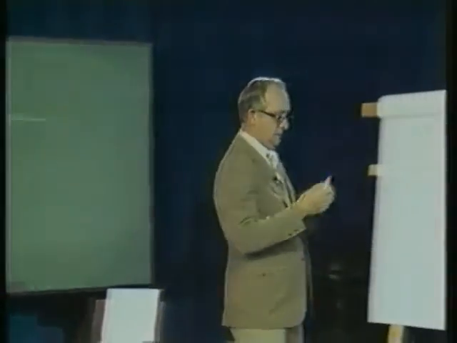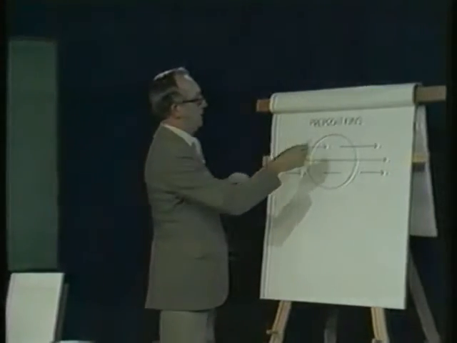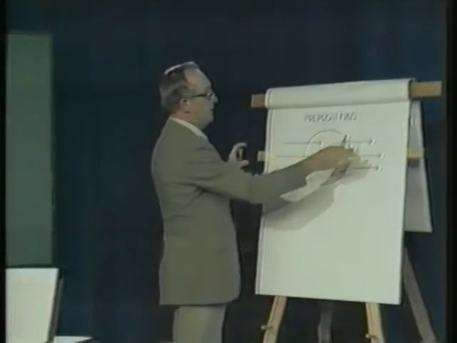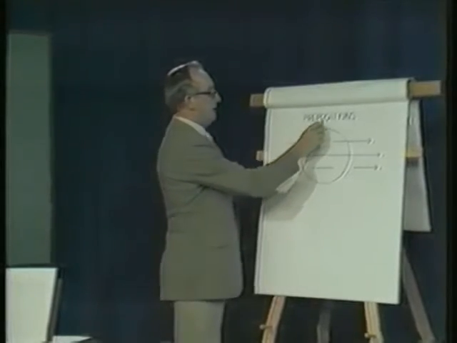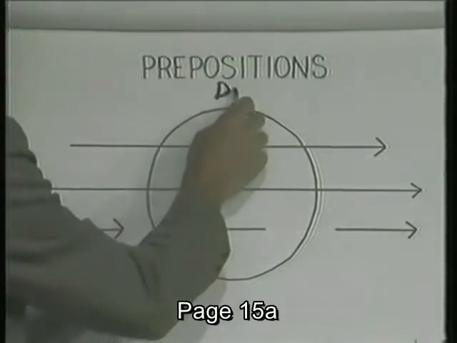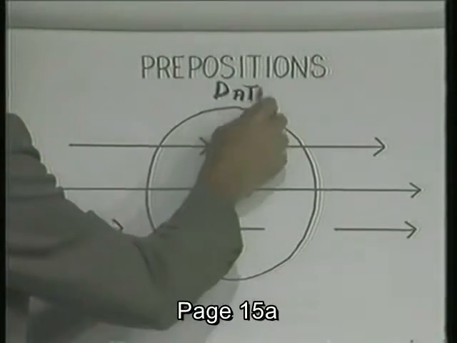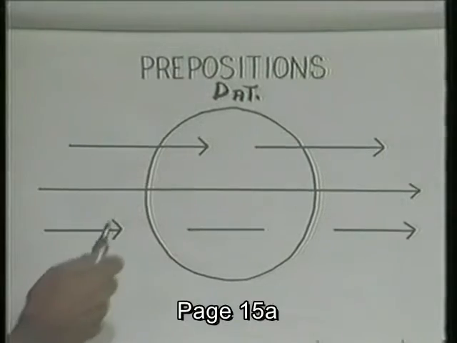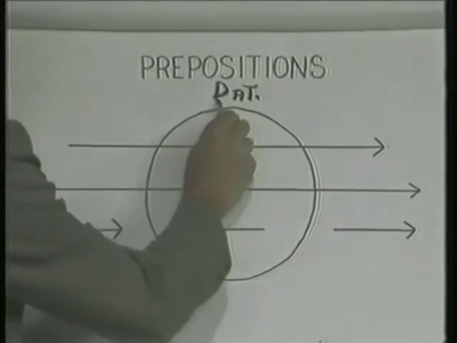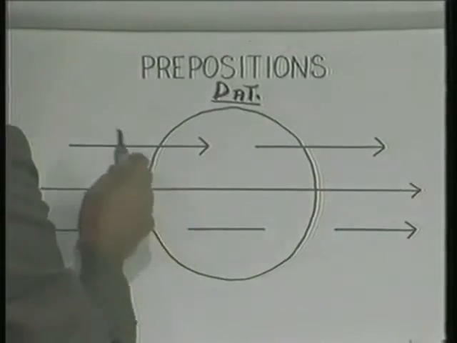This is just a little circle which would show some of the spatial prepositions. Now, the dative, in paragraphs 81 and 82 in Machen, you'll see he talks about the dative being the case of rest in a place.